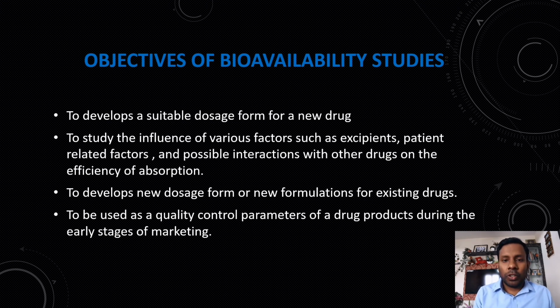So when a drug is already there in the market, and if you want to market your new formulation of the same drug, then you need to prove that your formulation is bioequivalent with the already existing one. So when you apply to the FDA for new drug application, you need to prove that your formulation is bioequivalent with the already existing one.